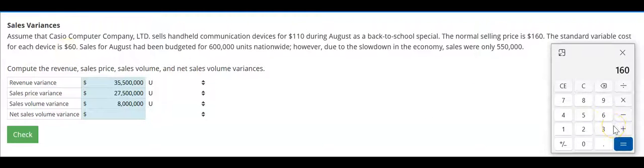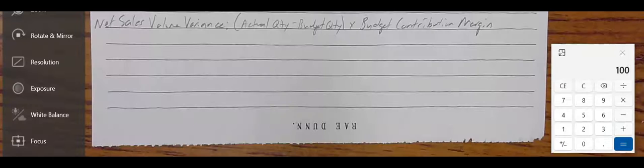Well, if we remember anything from a couple of our previous topics, we know that contribution margin is sales minus variable cost, so we can do this on a per unit basis and come up with $100. This would be our budgeted contribution margin. Okay, so let's go back over here and plug all of this in.